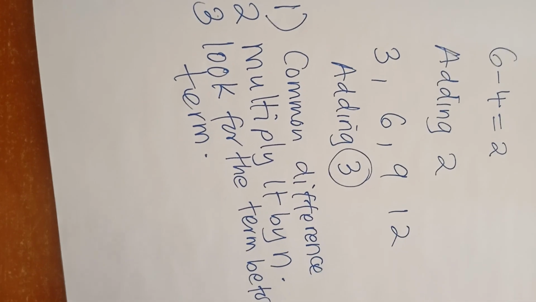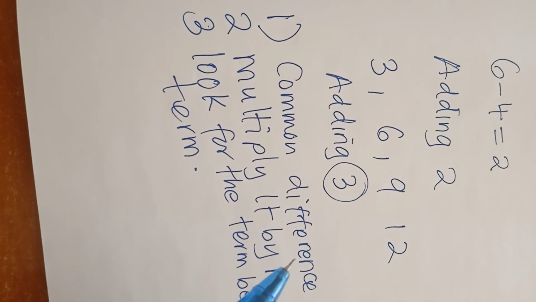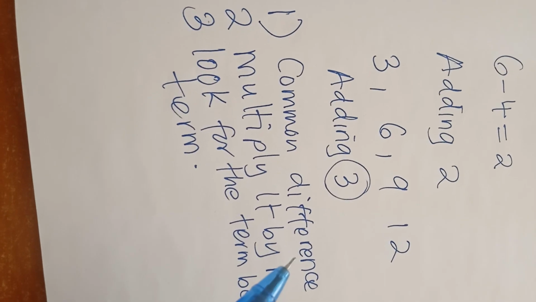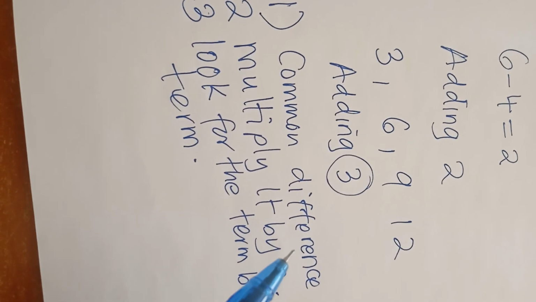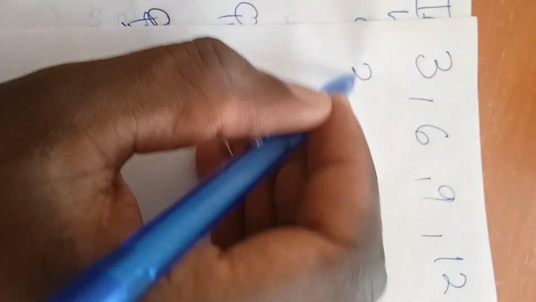So for example, in this sequence, 3, 6, 9, and 12, if you are to find the nth term, the first thing we do is find the common difference, which is 6 minus 3, which is just 3.